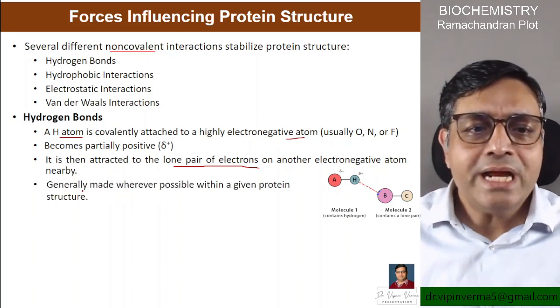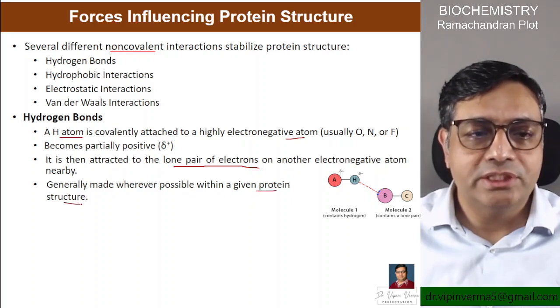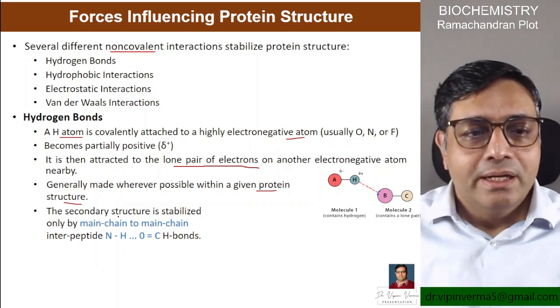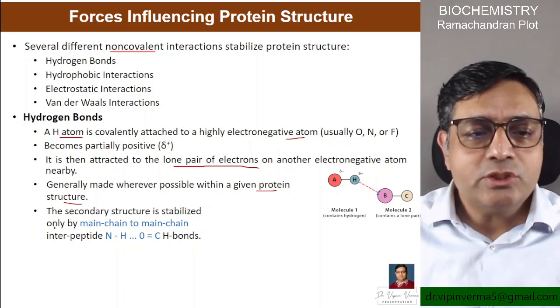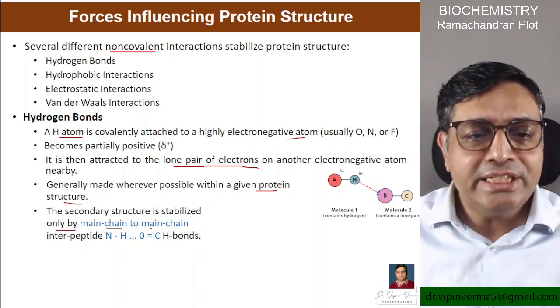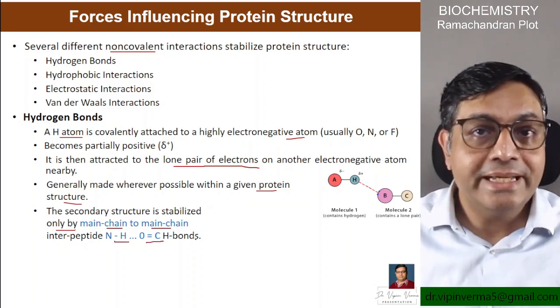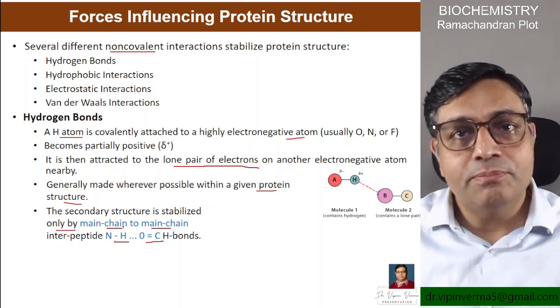Okay, so they are generally made wherever possible within a given protein structure. Now if you see the secondary structure, they are stabilized only by the main chain to main chain interpeptide NH-CO hydrogen bonds. Remember, in case of the secondary structure, it is only the main chain or the backbone.